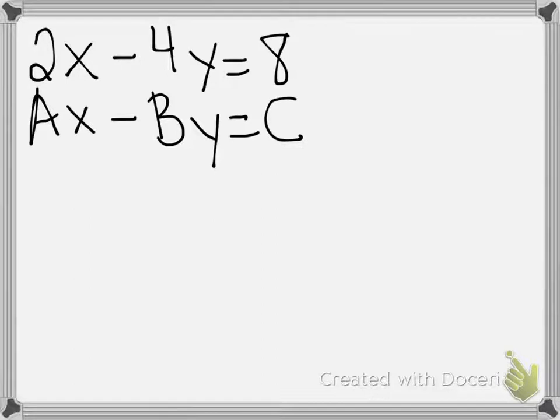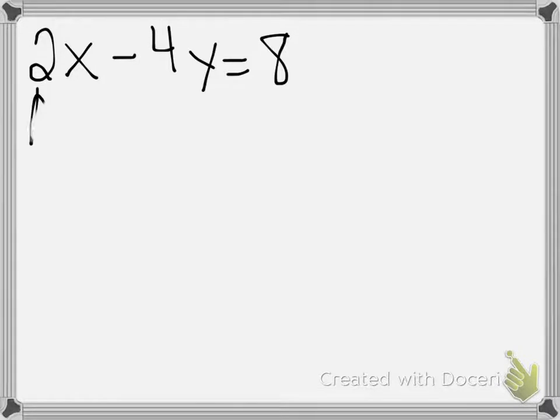So there's my standard form. So if I want to find the x-intercept, I'm going to put in 0 for y. Okay? So when I'm doing this, I'm going to solve every one of these problems twice. This isn't just solve it once and move on. You got to solve each problem once for the x-intercept and once for the y.